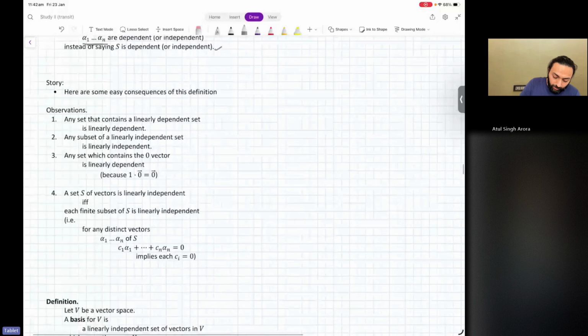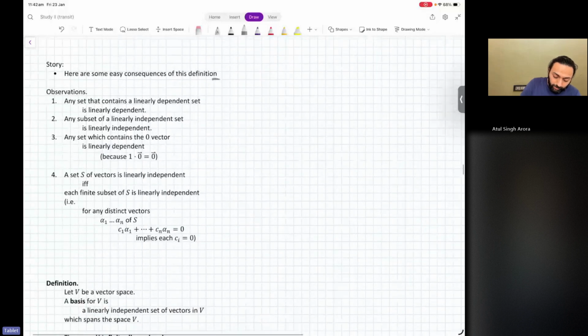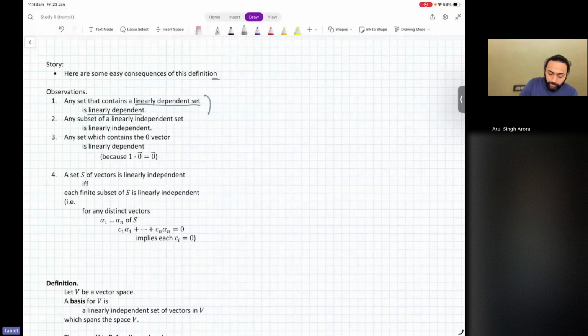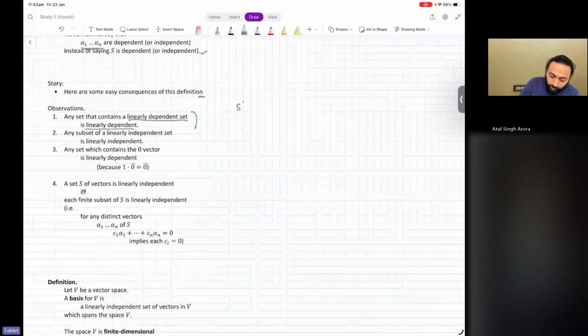And here are some easy consequences of this definition. So the first consequence is that any set that contains a linearly dependent set is linearly dependent. So suppose there is some set S prime, right?